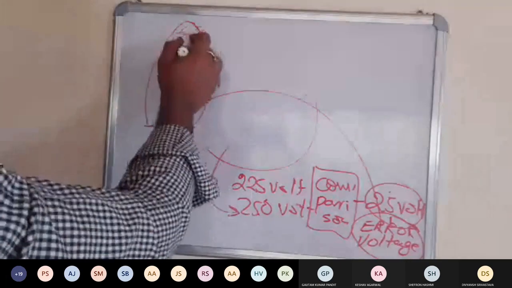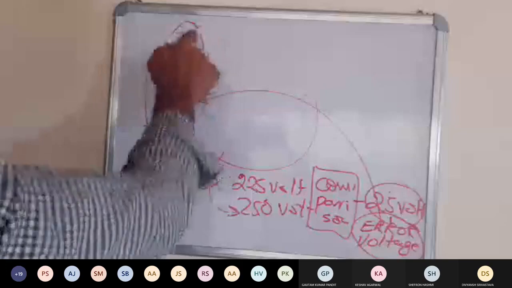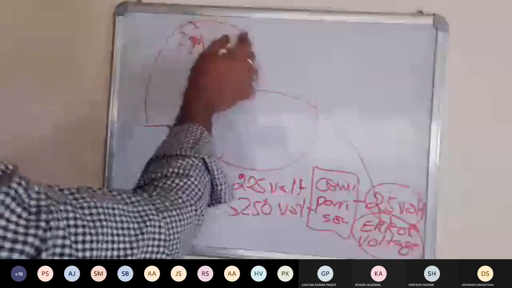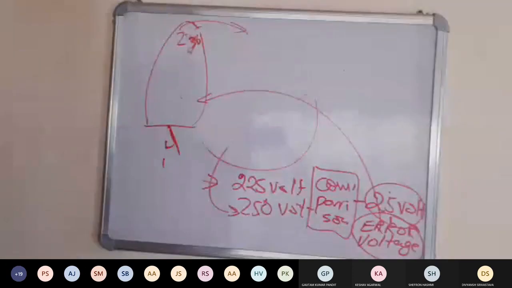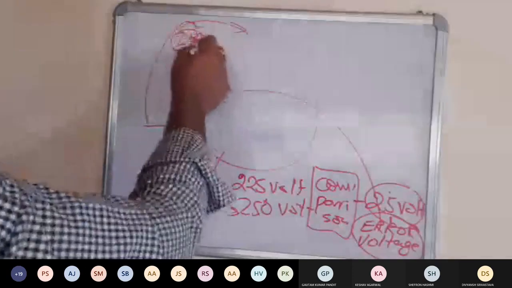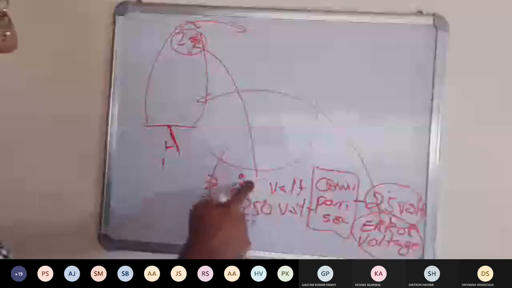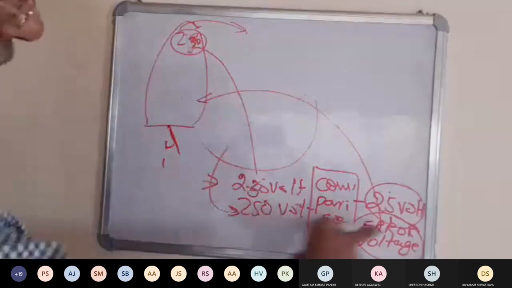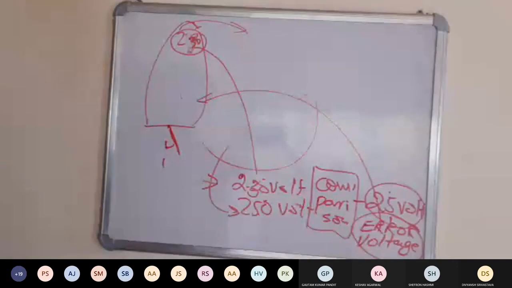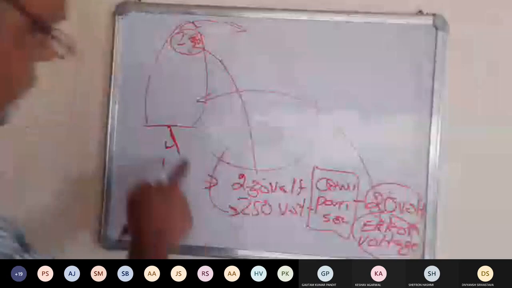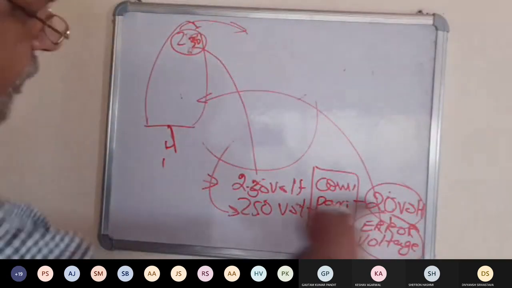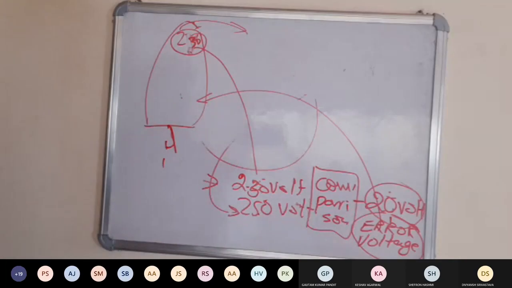When it is given, it starts to swing, becomes 226, then 227, then 230. ये जहाज घूमना शुरू हो रहा है. When it is 230, this will become 230. So what is the error voltage now? 20. So the rudder will be reduced little bit, not for 25 volt, but now for 20 volt.